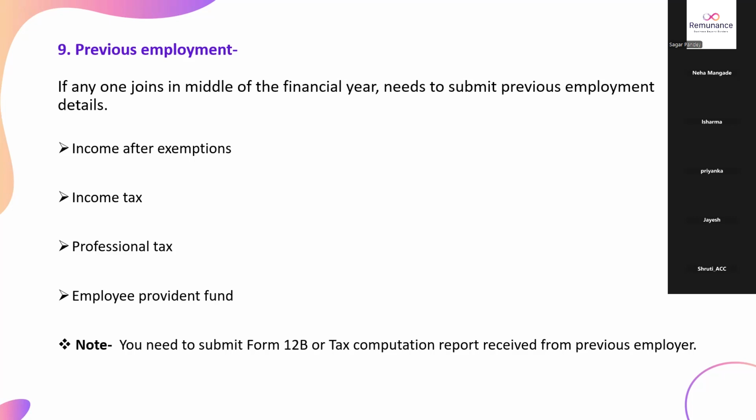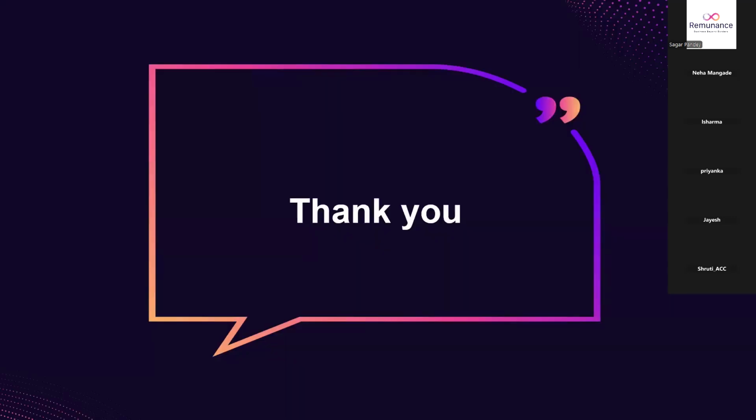You will get all these details from Form 12B or the tax computation report, which you get from your previous employer. You also need to submit it as a document on the portal. So yes, this was all about the investment submission process.